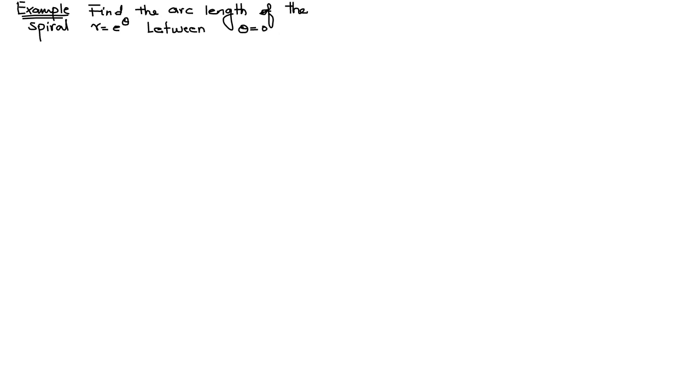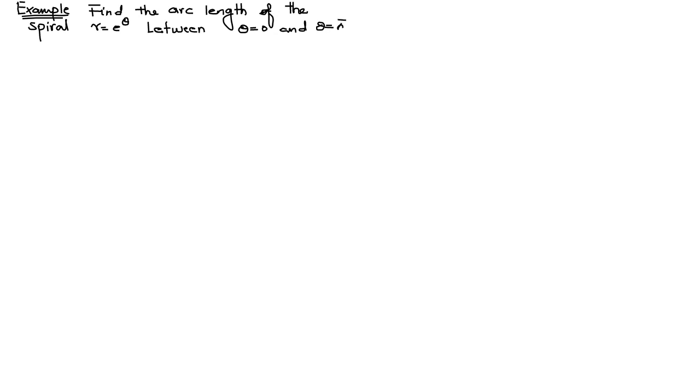For example, we have a question. Example: find the arc length of the spiral r is equal to e power theta between theta is equal to 0 and theta is equal to pi.